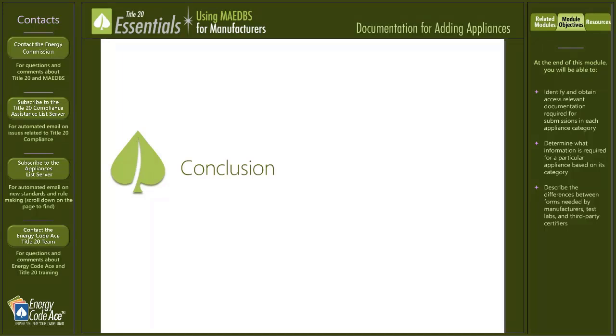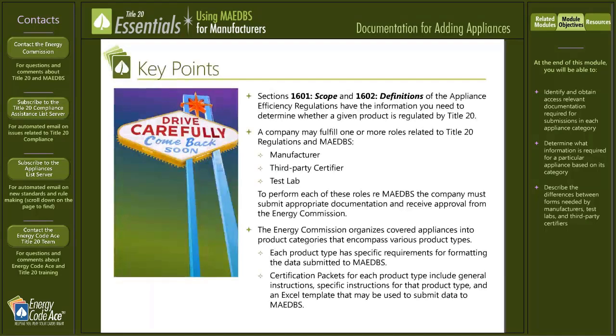Let's go over the key points of this module. Sections 1601 and 1602 give you the information you'll need to determine whether or not a product is regulated by Title 20. Second, a company can fulfill one or more roles with respect to Title 20. You can be a manufacturer, a third-party certifier, or a test lab.